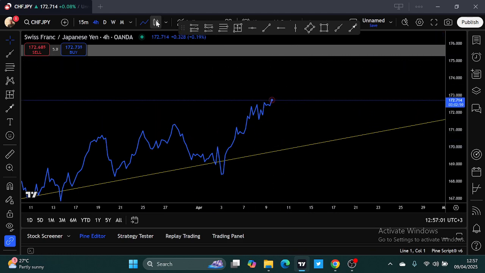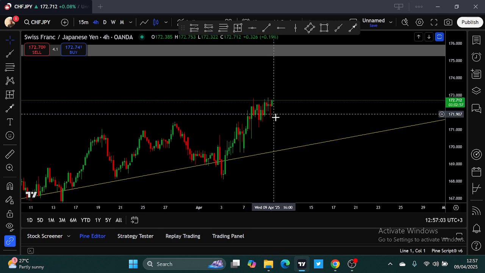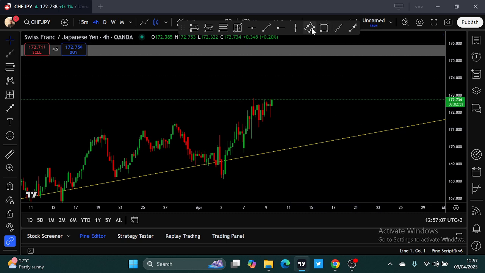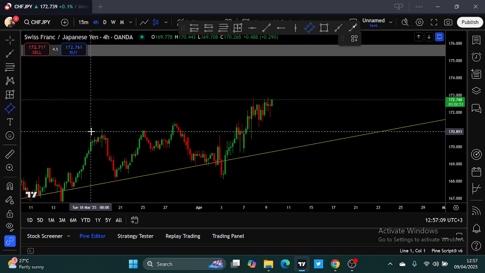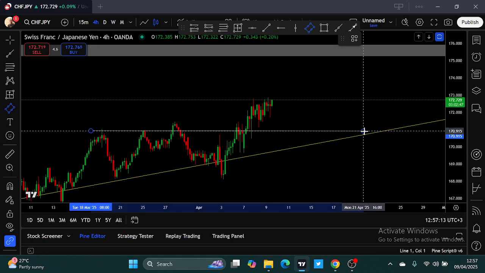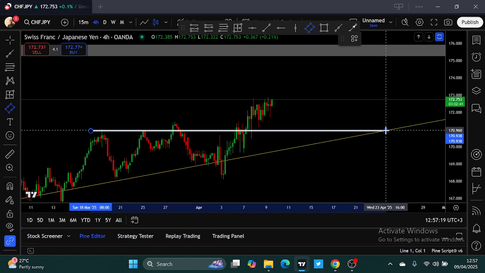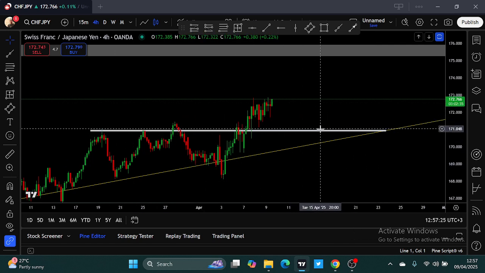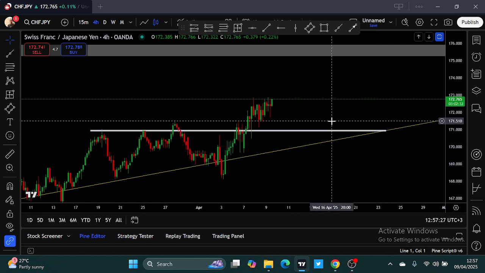I just wait for it to have a significant pullback down here. Let's say this area here, if it can pull back to this area here and make a base, and then I can send it up.